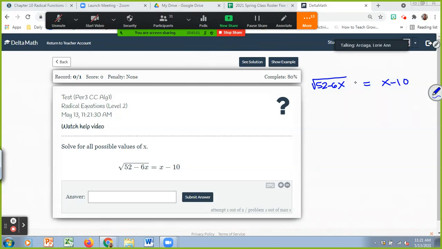Yes or no? Other questions? Other answers? No? Sorry, Kyle, what was that? So do you have to move this to the left side? The answer is no. Leave it alone over there.